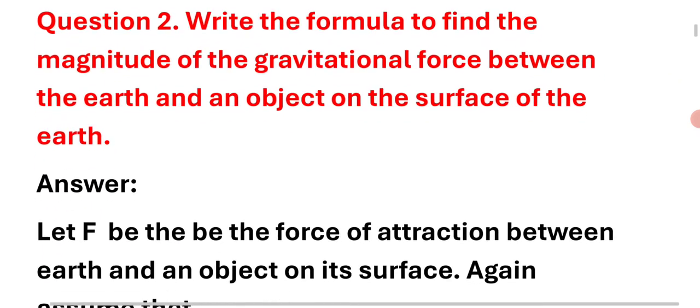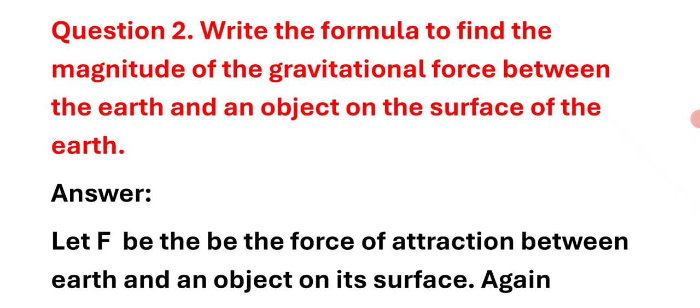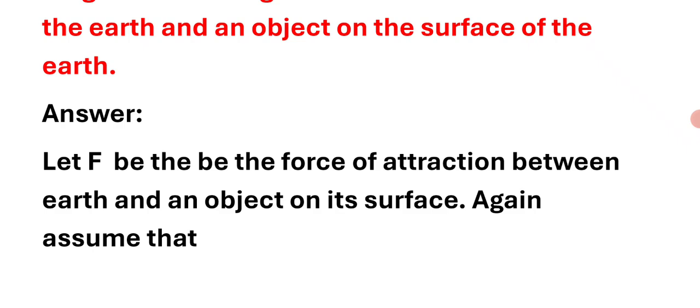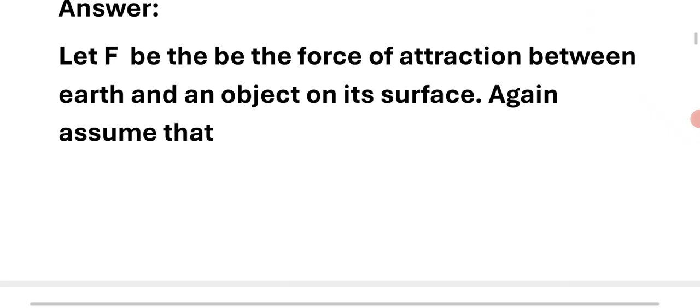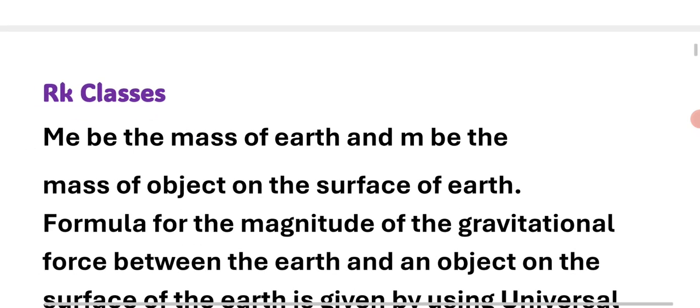Question number 2. Write the formula to find the magnitude of the gravitational force between the earth and an object on the surface of the earth. Right answer. Let capital F be the force of attraction between the earth and an object on its surface. Assume that capital M is the mass of the earth and small m is the mass of the object.